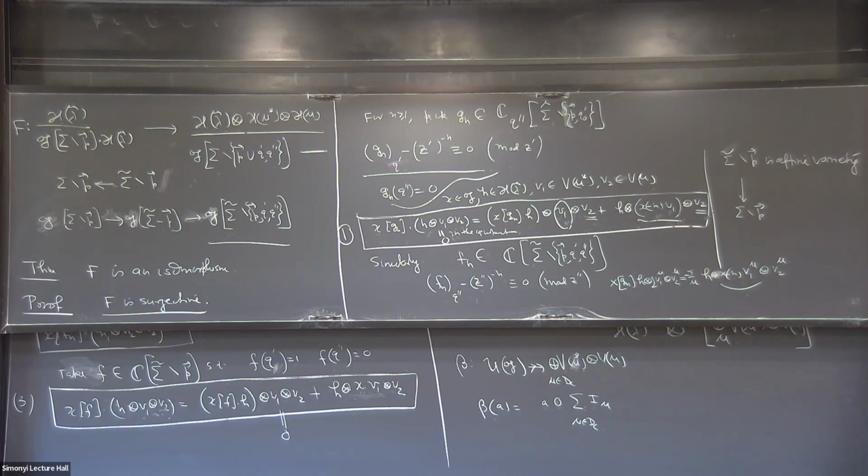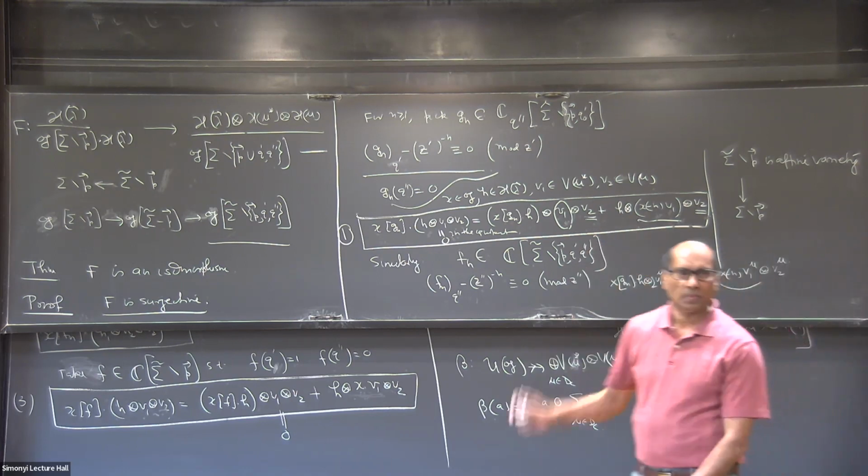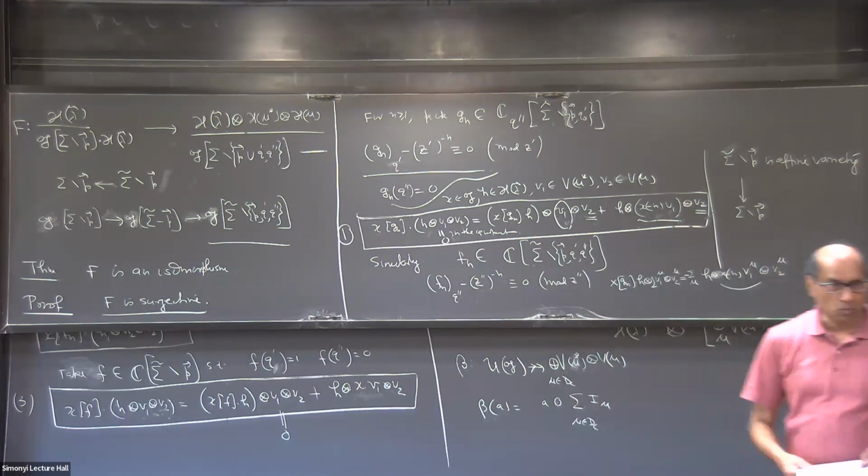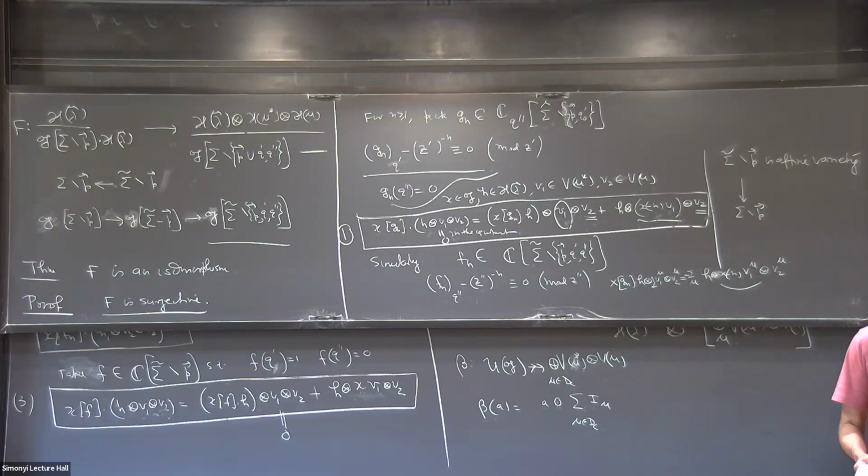The left-hand side and right-hand side of that can both be written as the Lie algebra homology of G brackets sigma tilde minus P with respect to different representations. So you are saying that both sides can be realized as Lie algebra homology of the same Lie algebra?